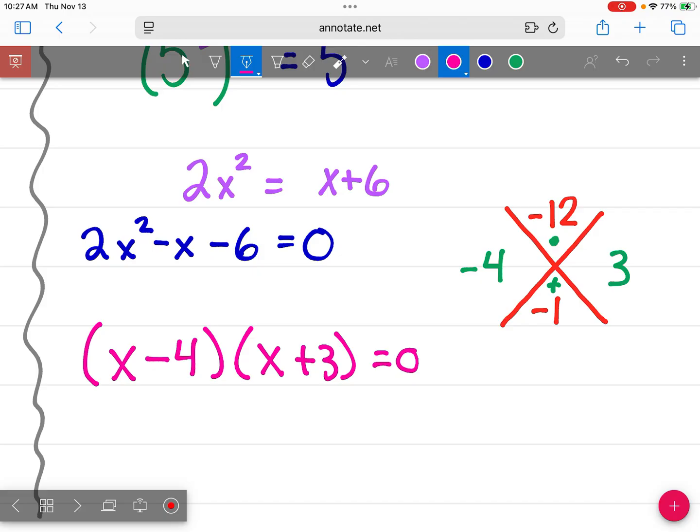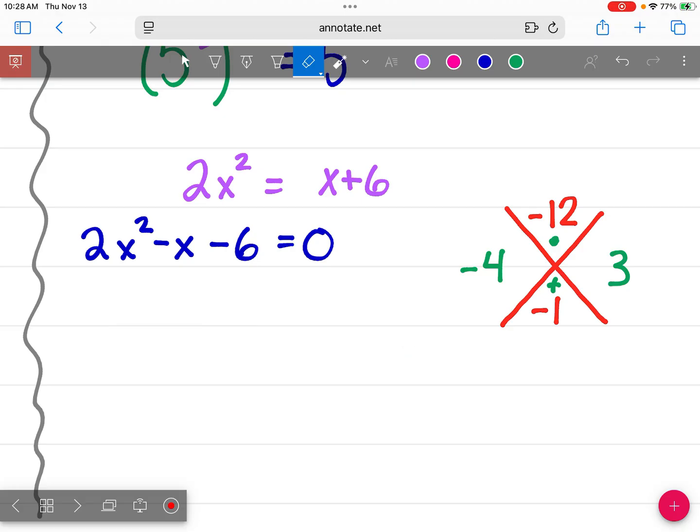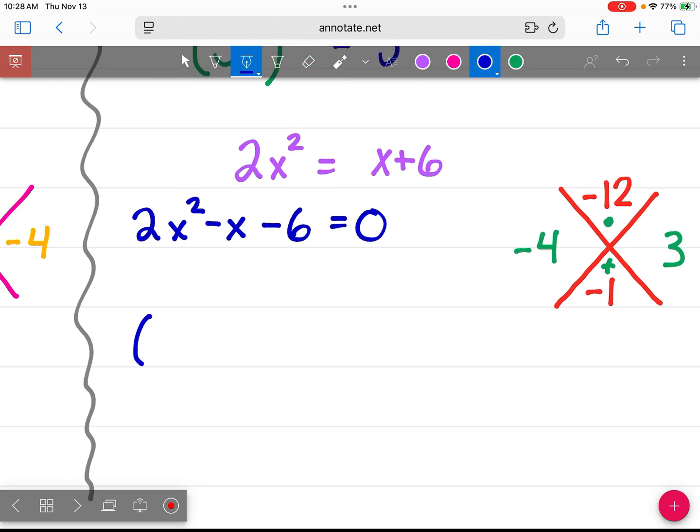Okay? If you have an a value that's not 1, please use a tool. I don't care how you factor, just that you factor. Use a box. Split the middle. Bottoms up. Whatever you need. Factoring by grouping. Whatever wizardry you choose. Factor. Because what are our factors on this?